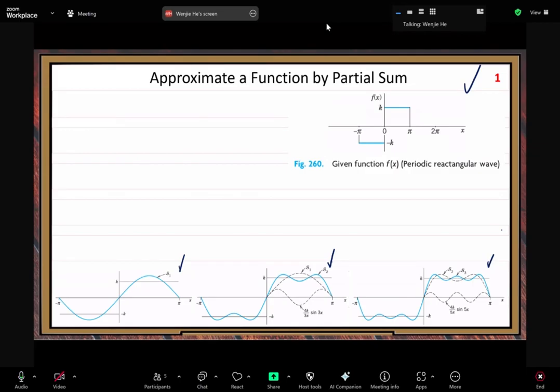Now you can imagine when we add more and more terms in our partial sum. 100 terms, can you imagine? If we use 100 terms, the shape should be very close. Very, very close. Then 1,000 terms, how about that? Extremely close, right?